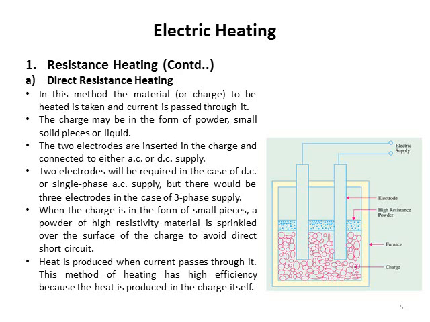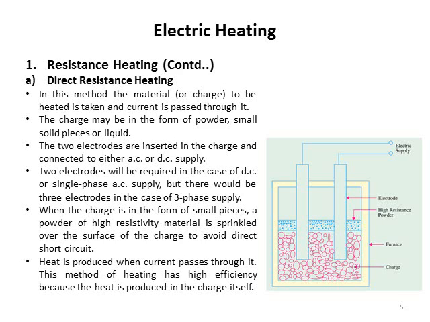The charge may be in the form of powder, small pieces of solid, or liquid, or suspended liquid particles. The two electrodes are inserted in the charge and connected to either an AC or DC supply.